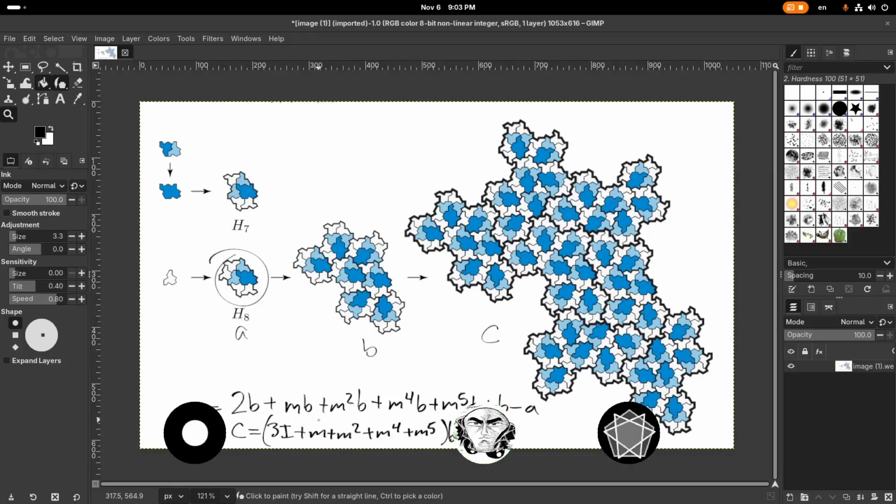Hmm. Anybody want to do that in Wolfram Alpha or something? Is M different though, right?